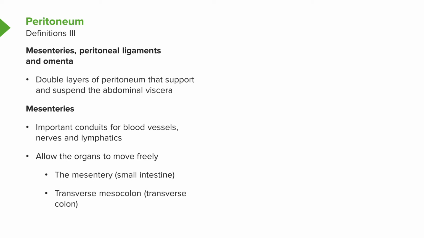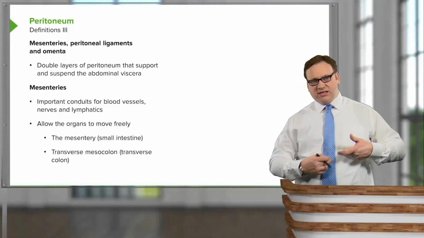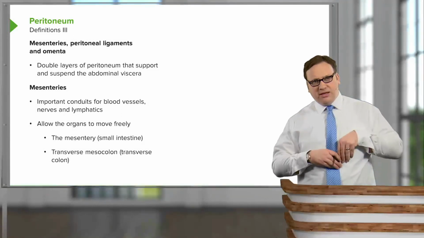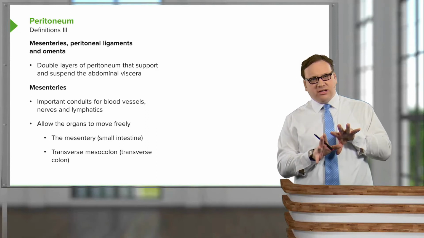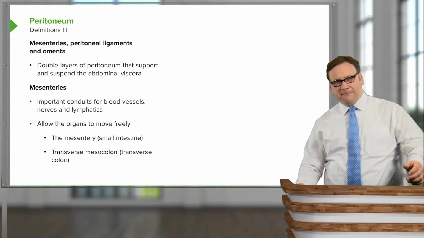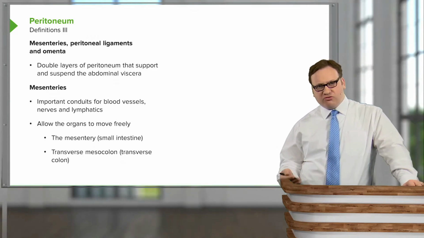A real good example is the small intestine mesentery, so-called the mesentery. It's very extensive and runs only about 5 or 6 centimeters from the upper left quadrant to the lower right quadrant. And the mesentery fans out, and then its free edge attaches to the jejunum and the ileum. That gives the jejunum and the ileum great mobility to move freely.